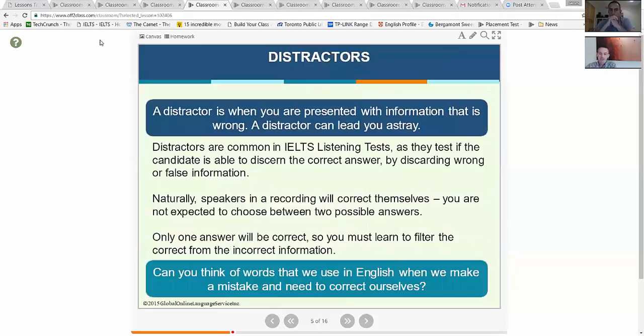Distractors are something that are used heavily in the IELTS questions, and what they are is information that appears in the recording that is there to almost trick you, certainly to take you off the path and really test your ability to identify correct information.